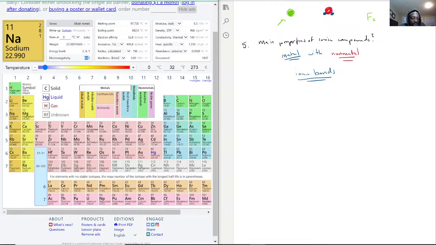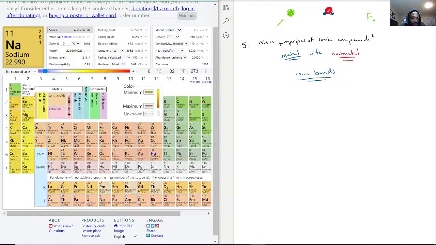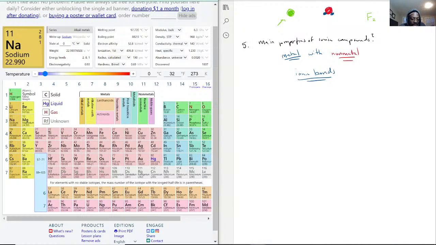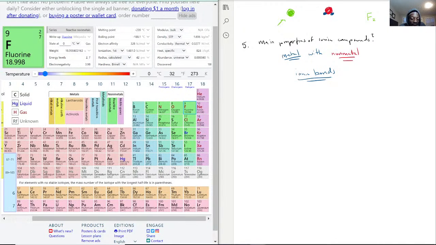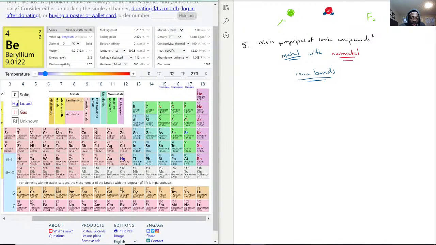We have 0.93, and then when we go ahead and try to bond it with something like fluorine, which has a high electronegativity, that's 3.98. So the range for ionic compounds usually starts around an electronegativity difference of 2. Anything surpassing that, which calcium fluoride or even sodium fluoride does, is just going to be an ionic compound because it passes that 2.0 threshold.